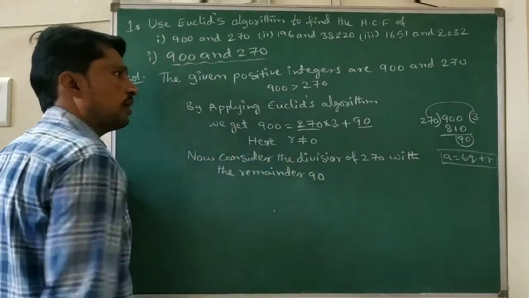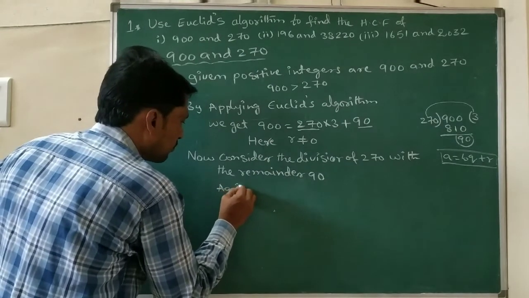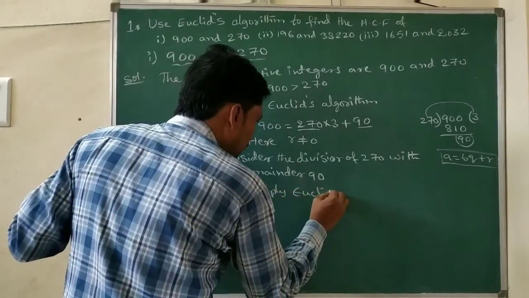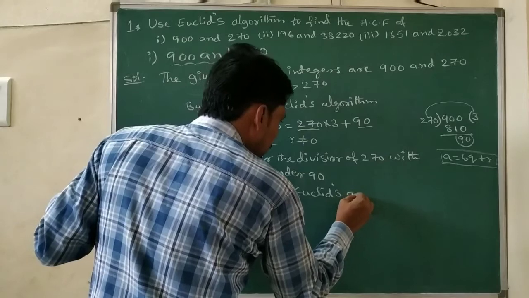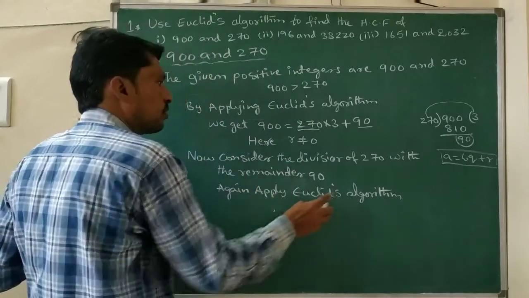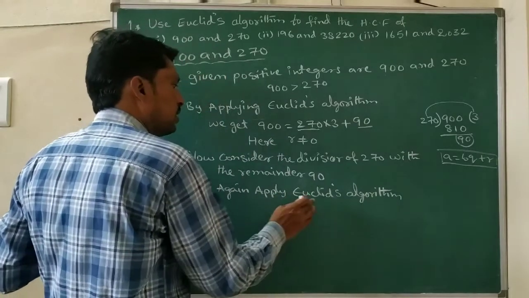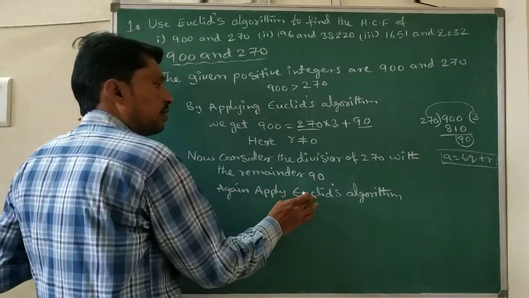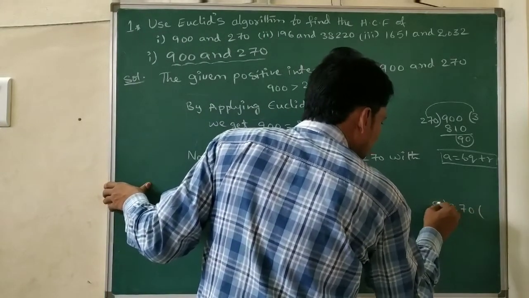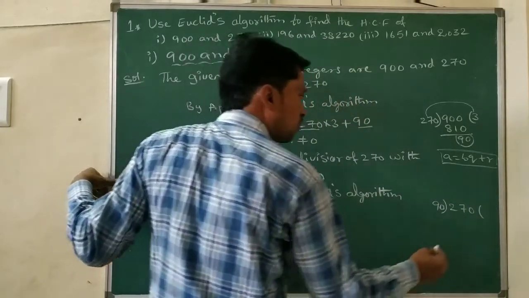So we need to apply Euclid's algorithm again for these two numbers, 270 and 90. 270 divided by 90: 90 1s are 90, 90 2s are 180, 90 3s are 270.